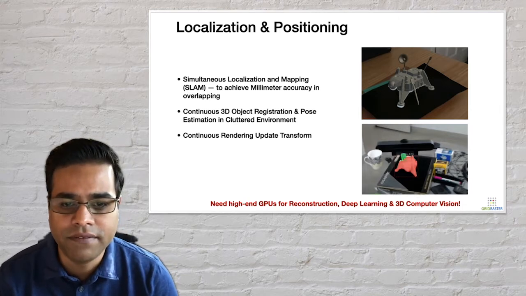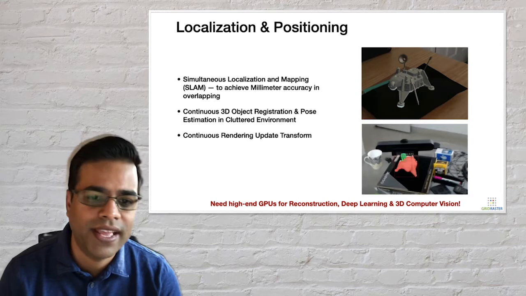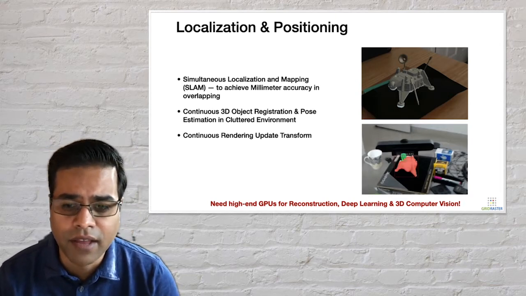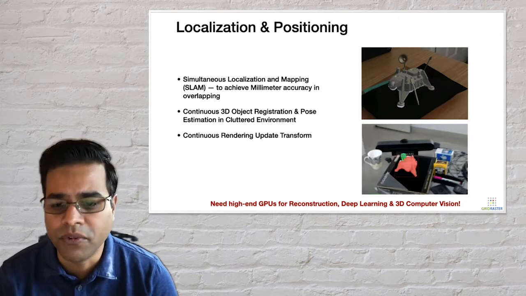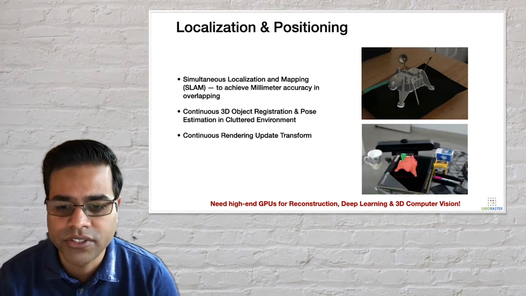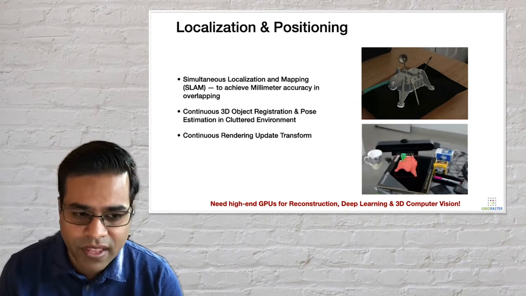So you need to have a continuous estimation of the pose with which you're looking at the object, and more so in a cluttered environment where you're able to isolate objects of interest from the rest of the scene. So again, all of this requires high-end GPUs for reconstruction, deep learning, and 3D computer vision.